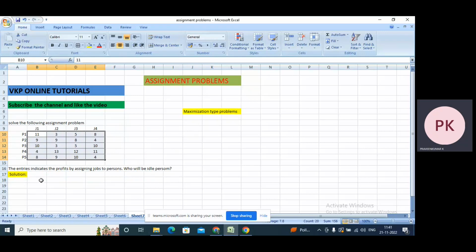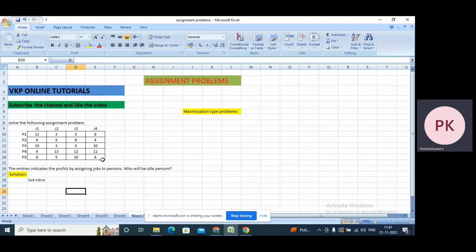Now look at this matrix. In the matrix we have 5 rows and 4 columns. So it is a 5 by 4 matrix. That's why this is unbalanced.